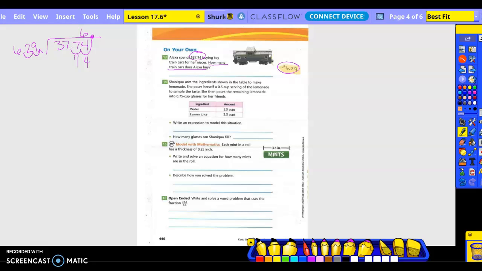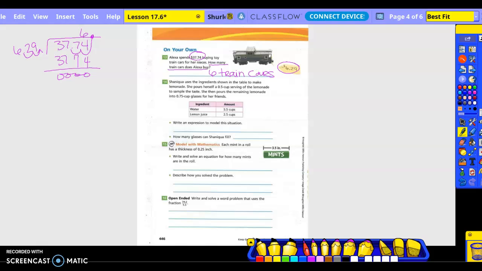Plus 1 is. And we have nothing left over. So our answer is 6 train cars. So like I said, guys, always go back to the question because that will help you with your label, right? Okay. Number 14.